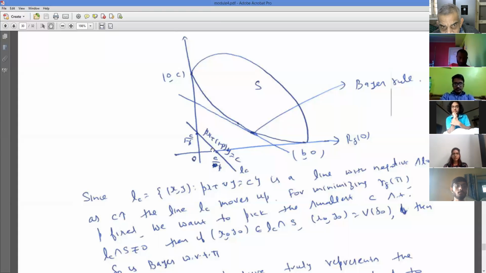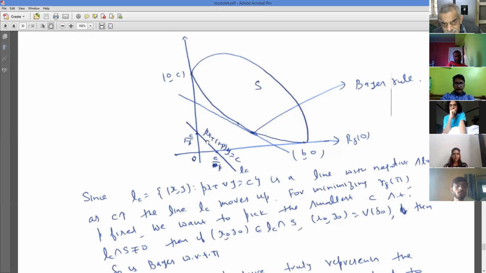So this is a line with a negative slope. I keep on moving this line, because for all these lines, I have to see, among all x and y, the smallest C. P is fixed, so the slope of the line is fixed, which is negative.